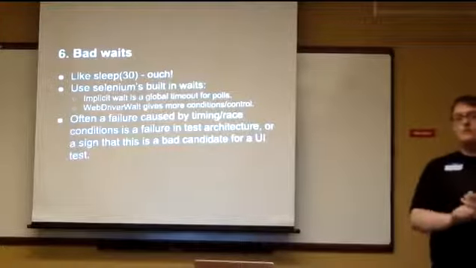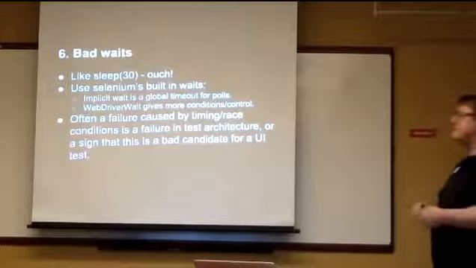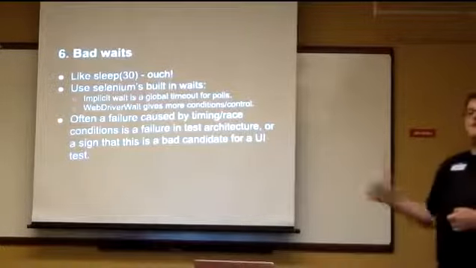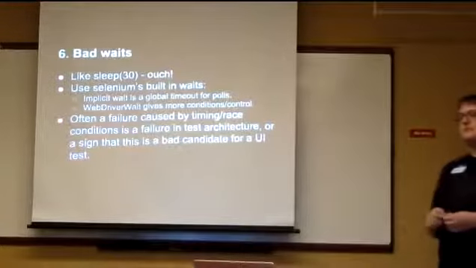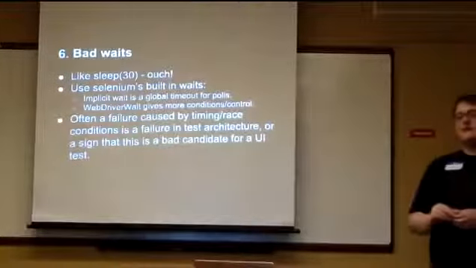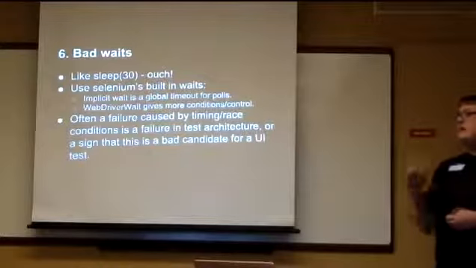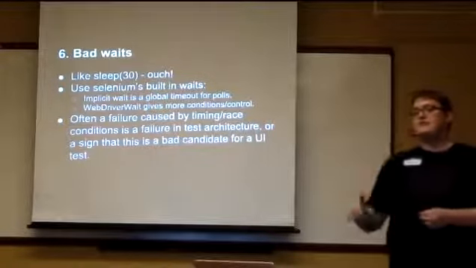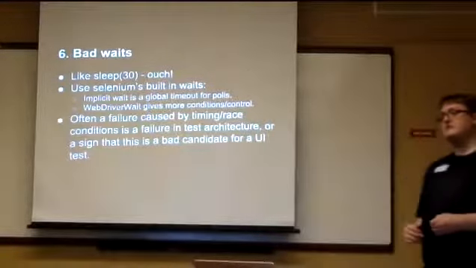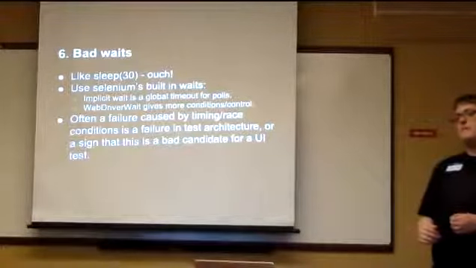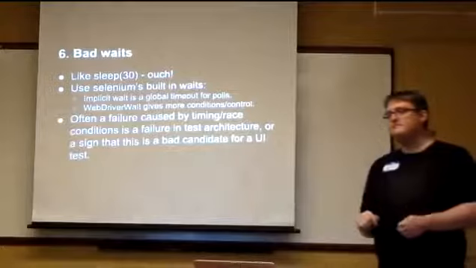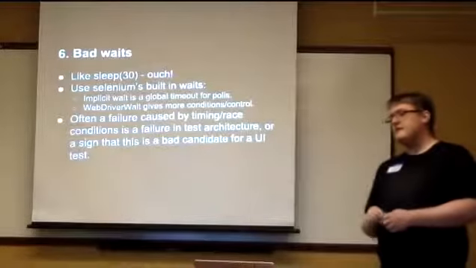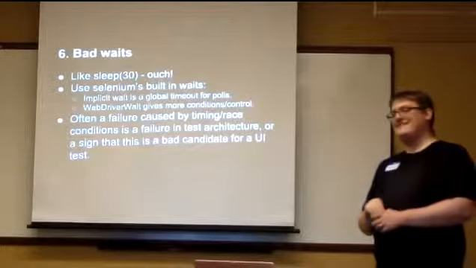So these work 2 very different ways. Implicit wait is a global timeout for any element searching or any polling operation. So for example, if you set implicit wait 30, it will wait up to 30 seconds before telling you an element does not exist on the page. Now, if you try to interact with an element that you had found previously, it will not wait 30 seconds for that command.